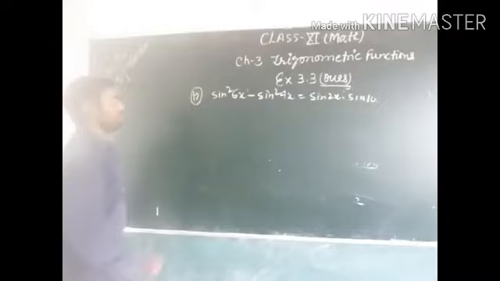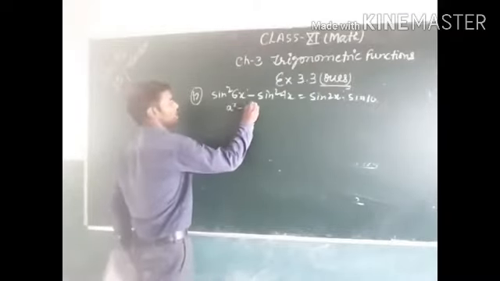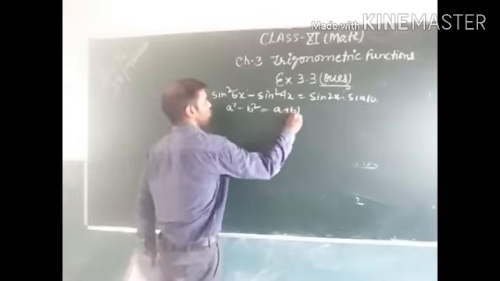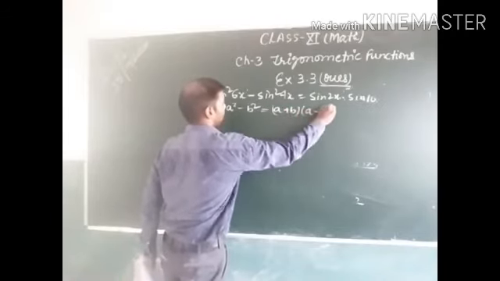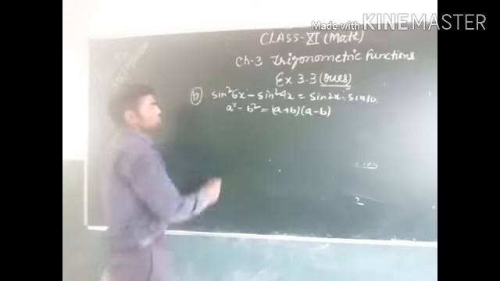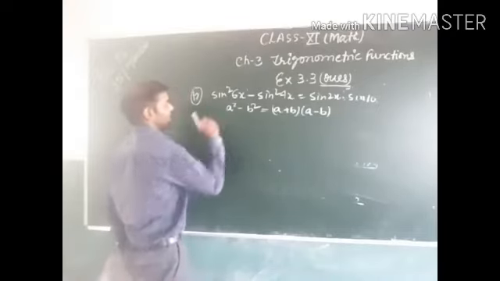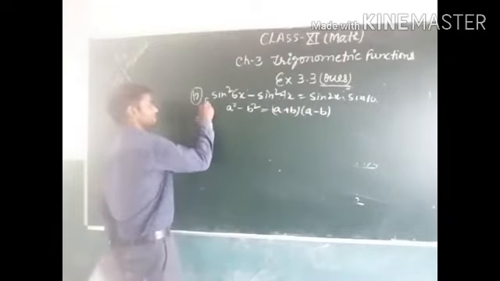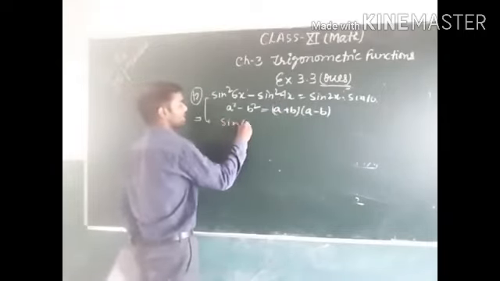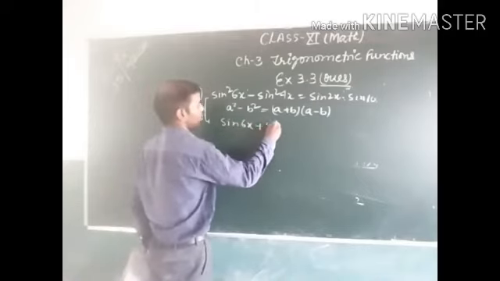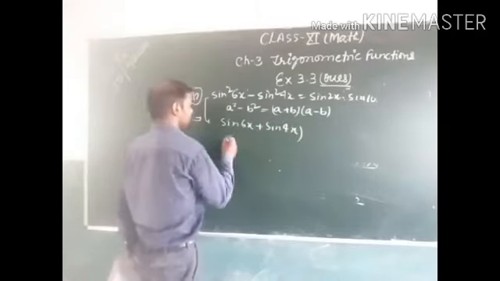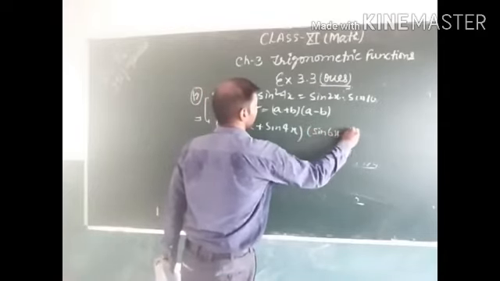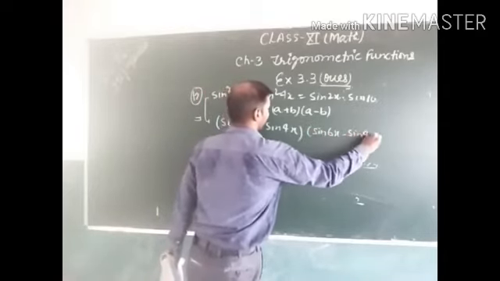So you know the formula a square minus b square. What is the value of this? This is a plus b into a minus b. Here the value of a is sin 6x and the value of b is sin 4x. It means it can be written in the form sin 6x plus sin 4x and sin 6x minus sin 4x.